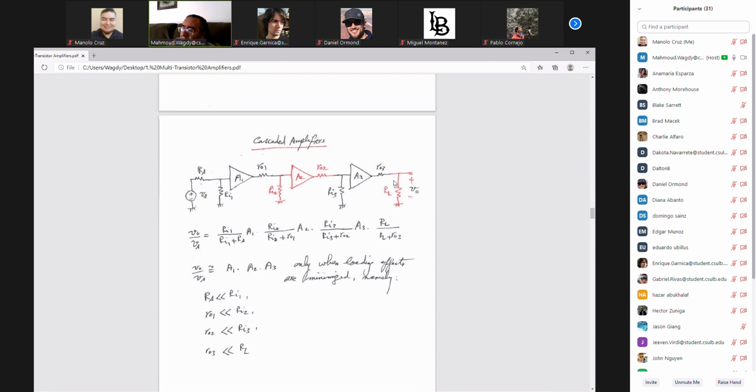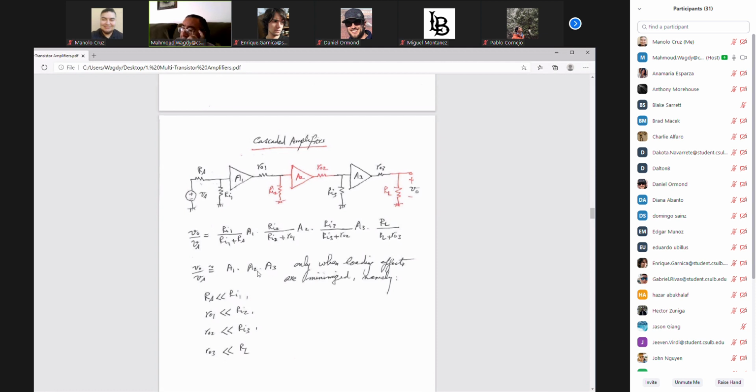So the potential divider neglects small quantities and neglects large quantities as well. But then neglecting has a different nature. When you neglect a small quantity, you make it 0. When you neglect a large quantity, you assume it's infinity. So by fulfilling this condition, you're going to end up with this.